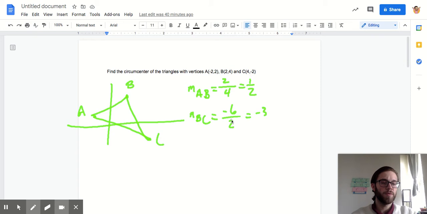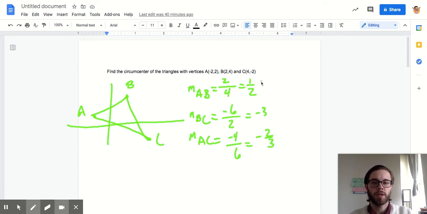The only problem is when we do flip that to make it the reciprocal for the perpendicular slope, we will end up with a fraction. Now, let's look at AC. So what's AC? We have change in y, so negative 2 minus 2 is negative 4. 4 minus negative 2, so plus 2, is 6, which is negative 2/3.